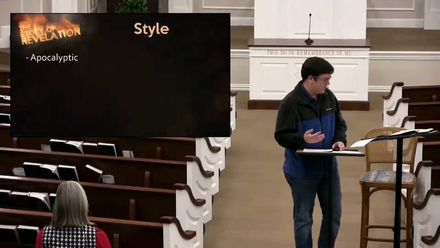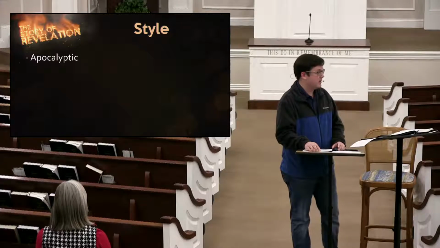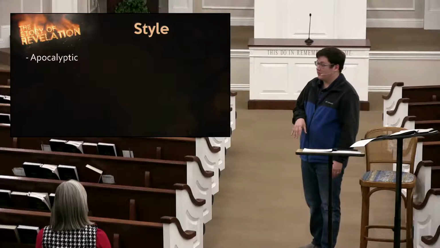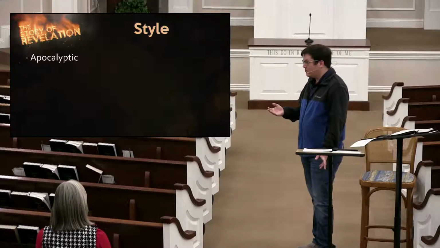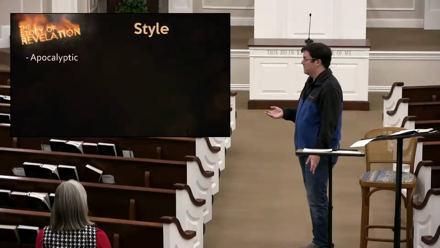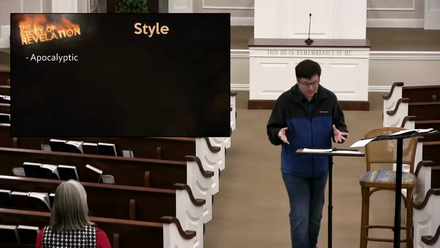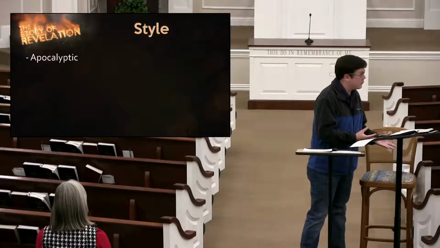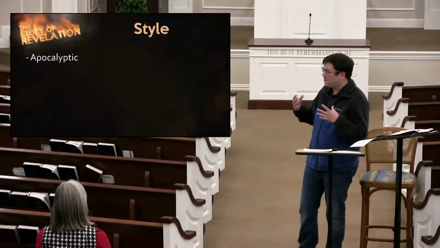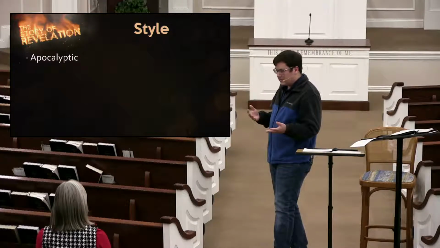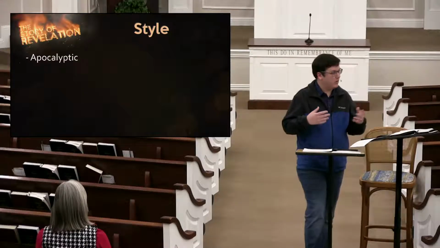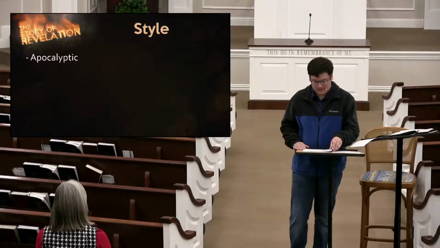It makes sense that apocalyptic literature was used. The people in these churches that this was written to were probably familiar with apocalyptic literature. Like I said, a lot of secular writings, as well as some Old Testament writings. This was something they would have been familiar with, probably in the same way we're familiar with poetry or similar things.